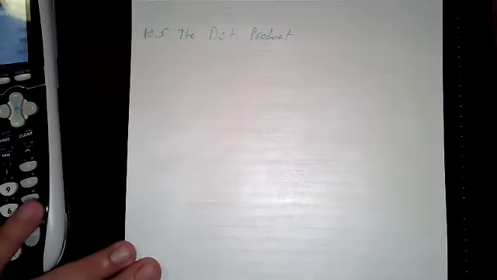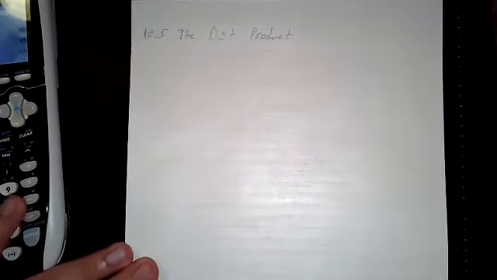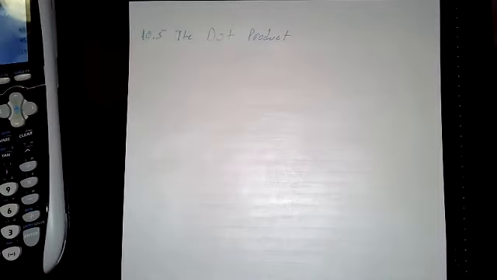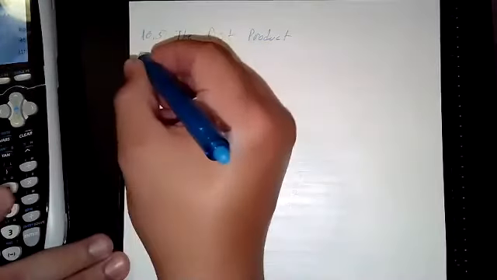So the dot product is almost the closest thing that we have to multiplication of two vectors. It can tell you a lot of different things. But first, let's just learn how to do it.